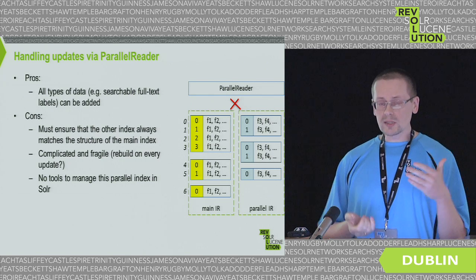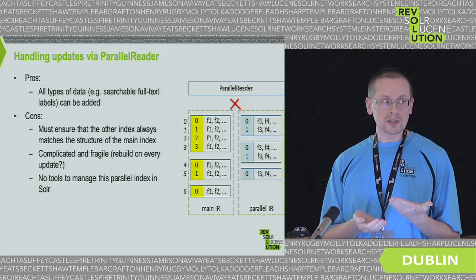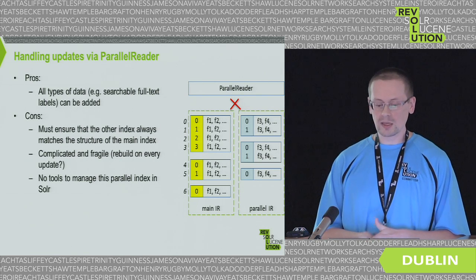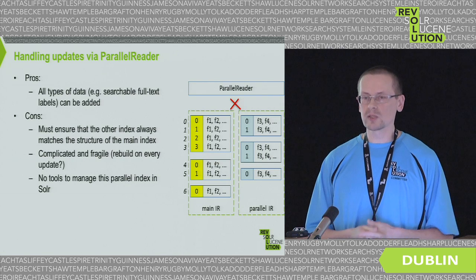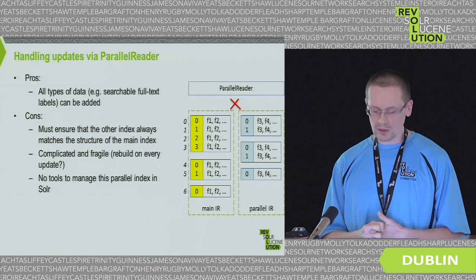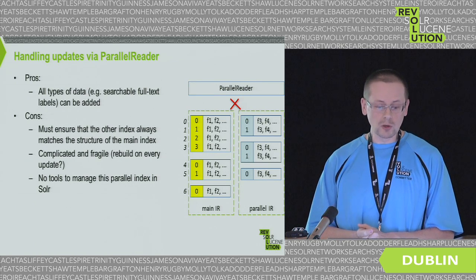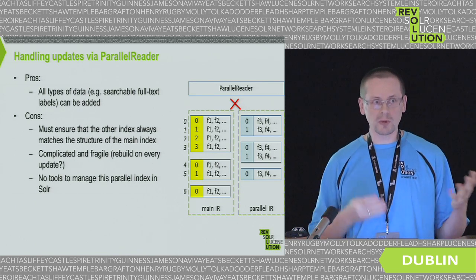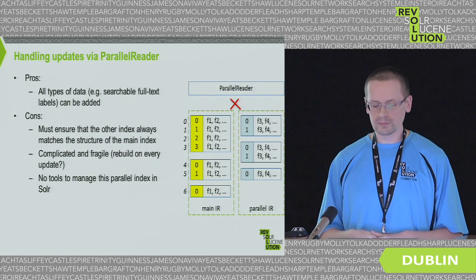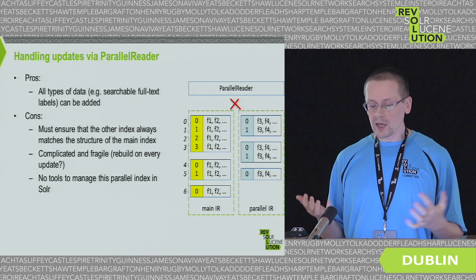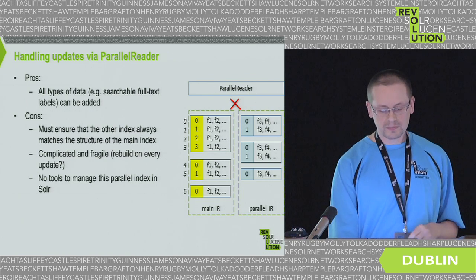So that's the major pain point of using this class, that the structure of these indexes must be exactly the same at all times. And unfortunately, there were no tools to manage this kind of parallel indexing in Solr. And this is altogether a very complicated and fragile structure.